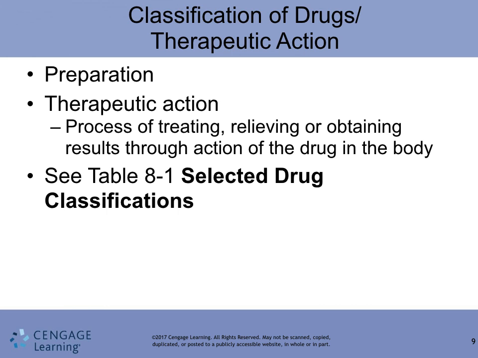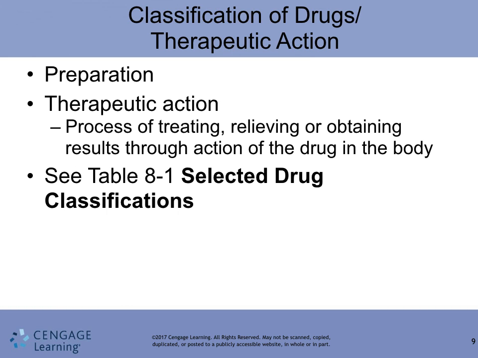Let's get back to, all right, so I was talking about the table. When we're looking at the classification of drugs, there's multiple ways to organize them. We were talking about preparation, that's when we were looking at solids, liquids, intravenous, parenteral, oral, that kind of thing. We can also define medications through therapeutic action, meaning how do they work?